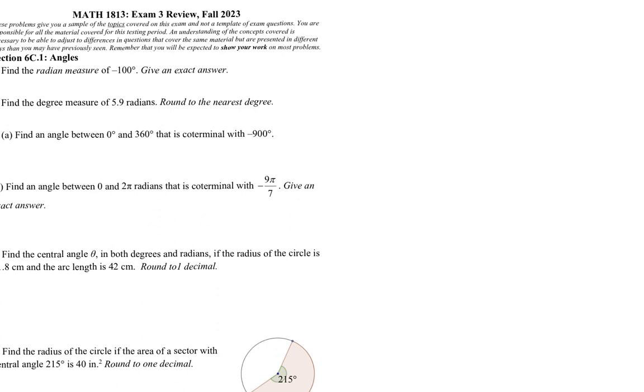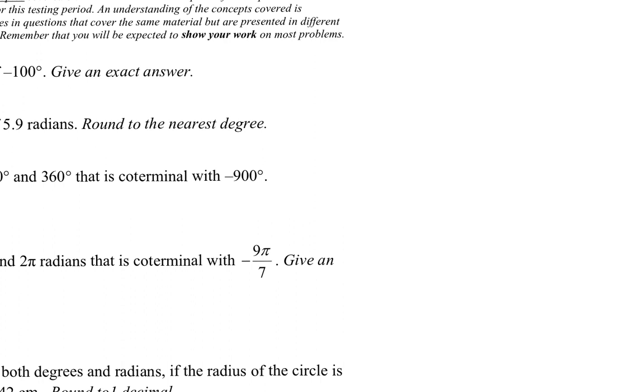So from section 6C.1 angles, number 1 says find the radian measure of negative 100 degrees. Give an exact answer. So if we remember from class, if we're trying to go from degrees to radians, we're going to multiply by pi over 180, right?